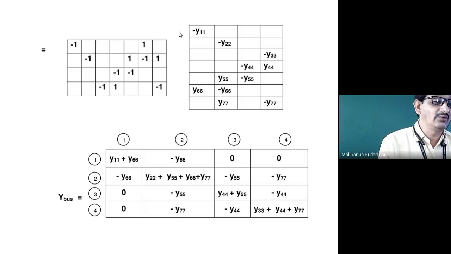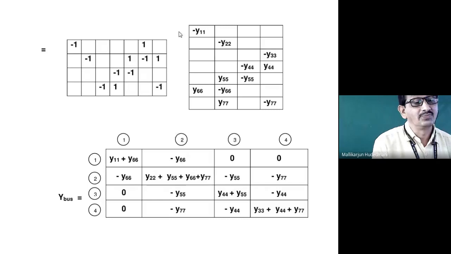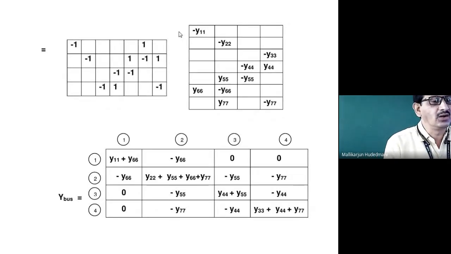You can see that. What is Y11 for me? Elemental admittance of element number 1. What was Y66? Elemental admittance of 6. You might ask me, why did you give a double subscript here? It is sufficient if I give a single subscript Y1 itself. But it was already a predefined problem in the presentation of the author. I referred to it directly, so I modified it as per my requirement.